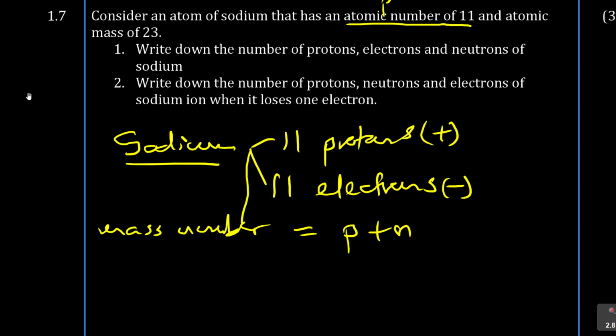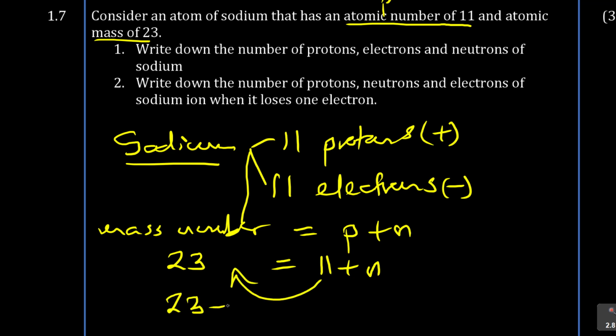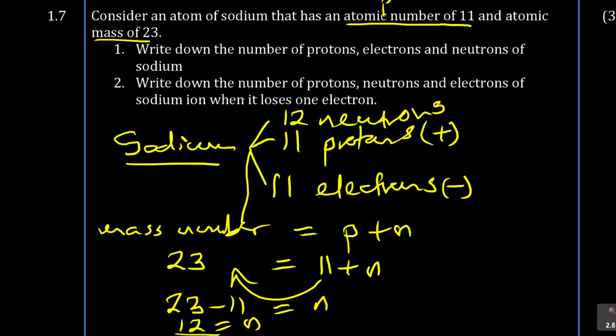But now already this atomic mass is 23. So 23 here is equal to protons, which are what? 11 plus neutrons. So the question is how many neutrons? Take 11 to the other side, it becomes minus. So it's 23 minus 11, which is equal to neutrons, and we have got what? 12 neutrons. You see that? So you can come here and say how many neutrons? 12 neutrons. Are you seeing that? That's what they wanted here.